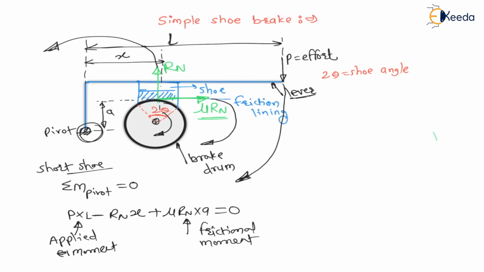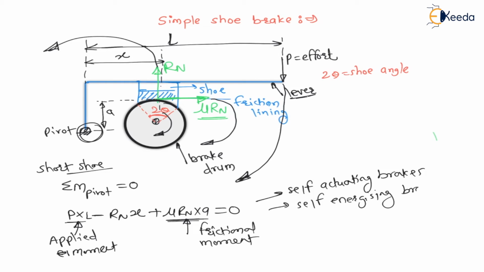Now can I say the applied moment P into L is adding in frictional moment, means frictional moment is helping applied moment for braking action. Such type of braking, where the frictional moment is assisting applied moment, is called self actuating brake, or it is also called self energizing brake.